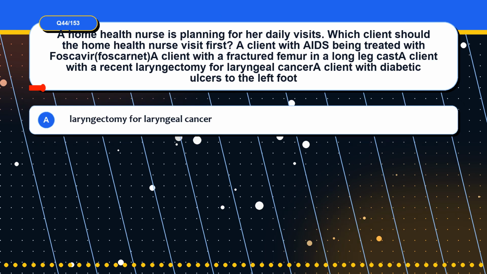Question 44. A home health nurse is planning for her daily visits. Which client should the home health nurse visit first? A client with AIDS being treated with Foscavir (foscarnet), a client with a fractured femur in a long leg cast, a client with a recent laryngectomy for laryngeal cancer, a client with diabetic ulcers to the left foot.